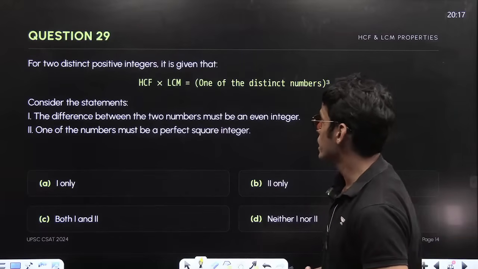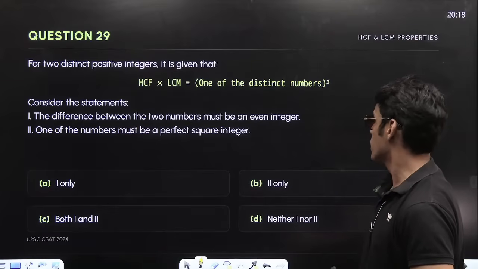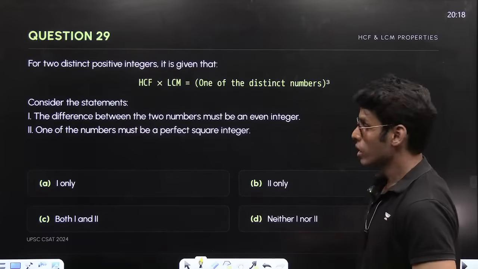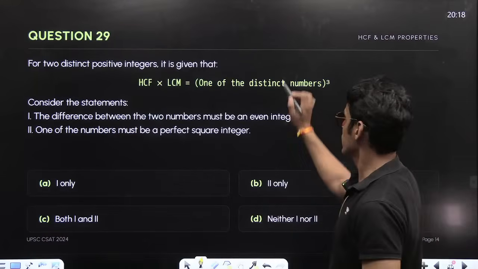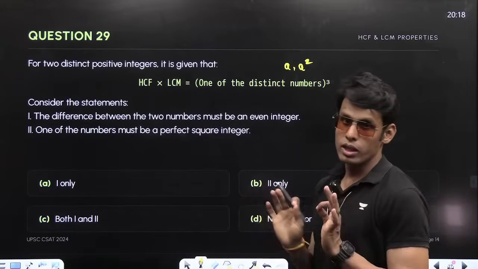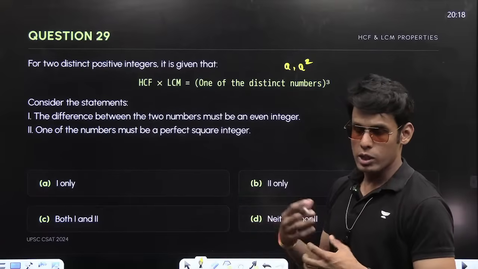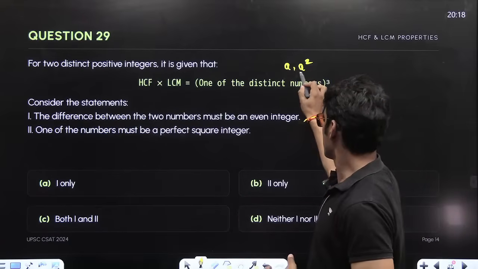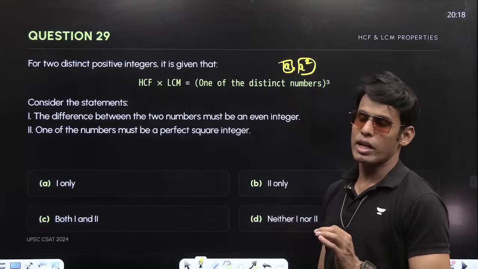For two distinct positive integers, it is given that HCF into LCM is one of the distinct numbers cubed. So, see, what is happening here is basically one number is A and one number is A square. The square is mandatory here because of a very simple property of HCF and LCM of two numbers.